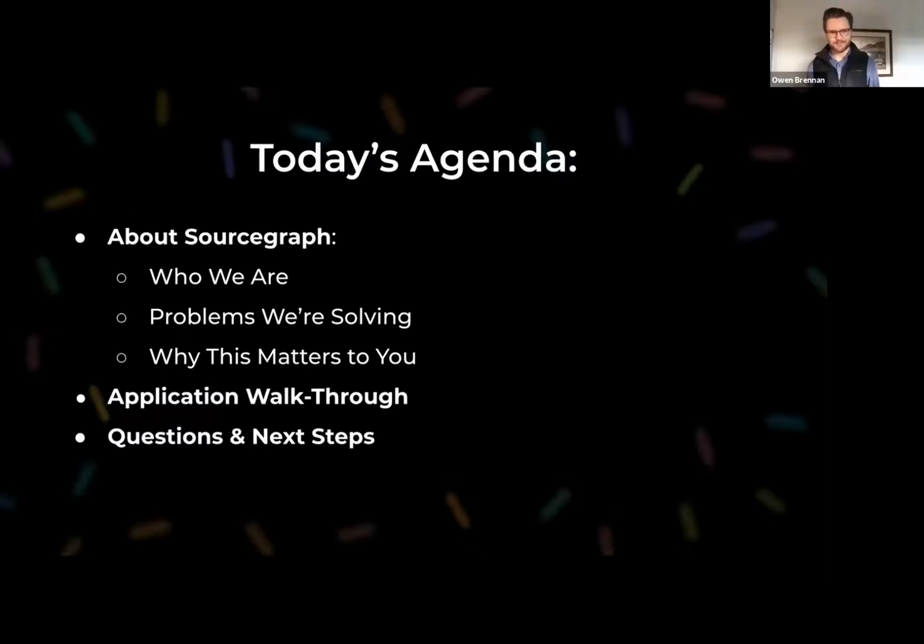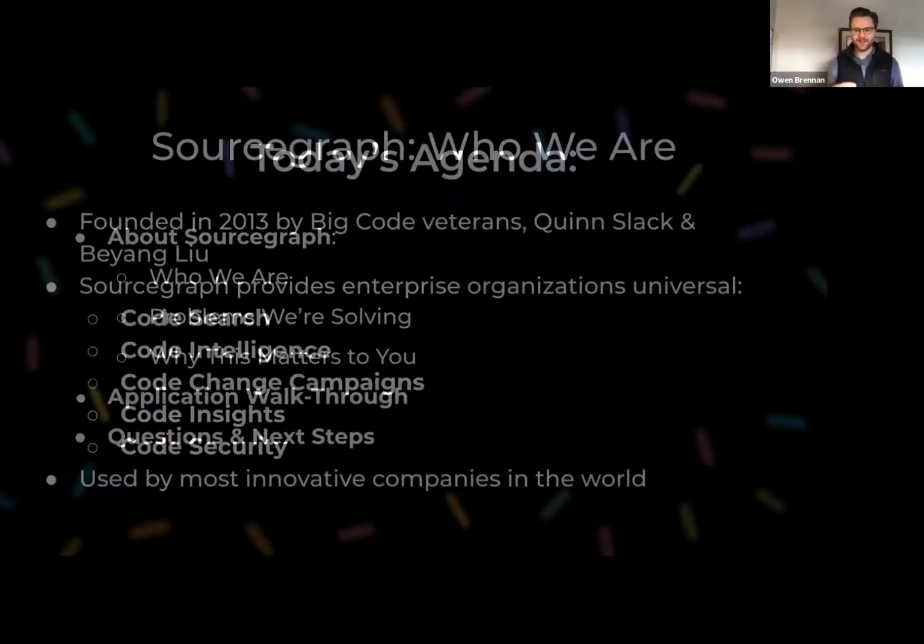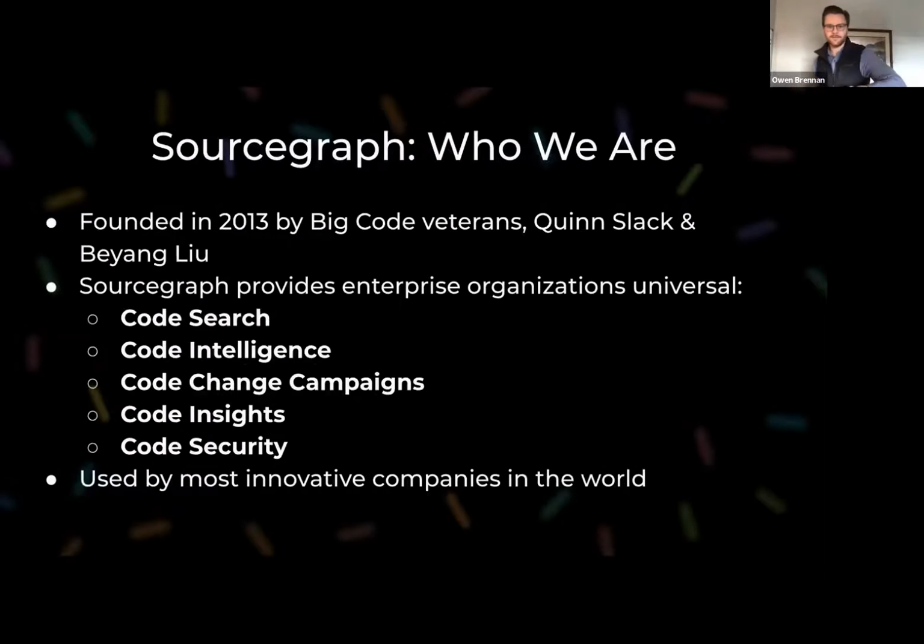Given we have some time set aside here and want to make sure we cover all aspects of this, let's go ahead and jump right into it. A little bit of background on us here at Sourcegraph. We've been around since 2013.